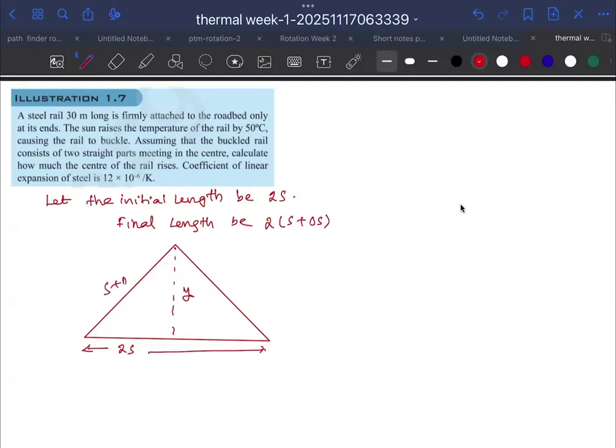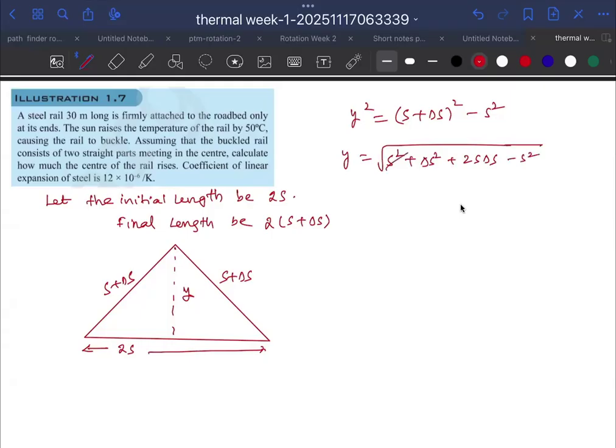This is S plus delta S. This is S plus delta S. So honestly, y square is (S plus delta S) square minus S square. y is under root S square plus delta S square plus 2S delta S minus S square.